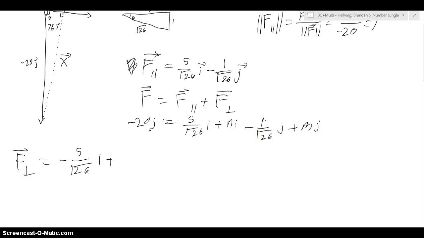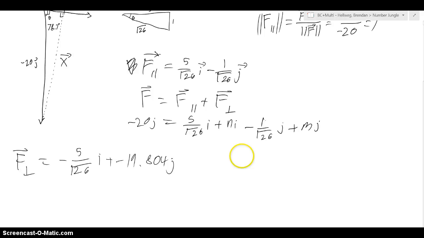So we can see that it's going to be a subtraction. As a matter of fact, that will be equal to negative 19.804 j. So that will be F perpendicular.